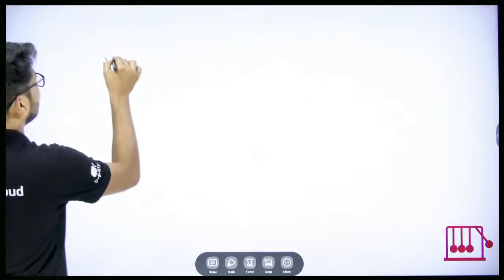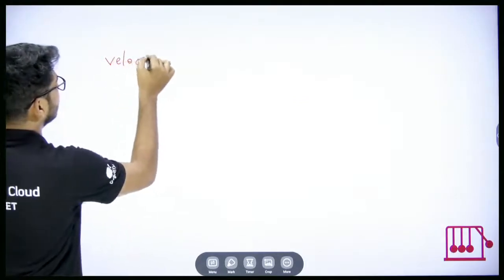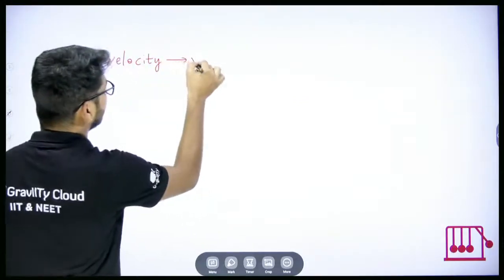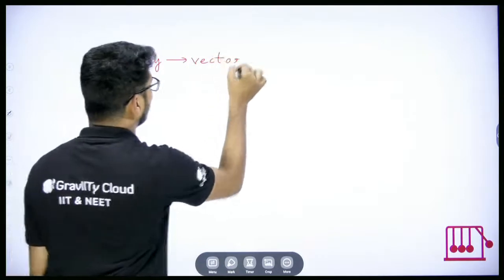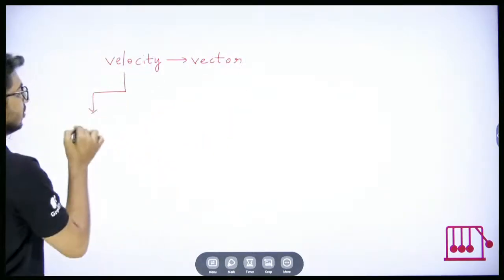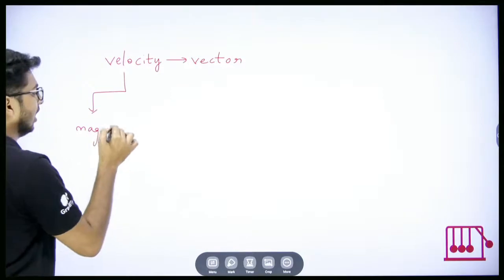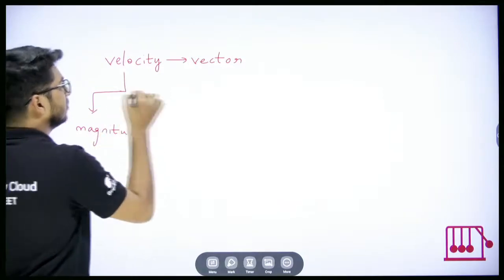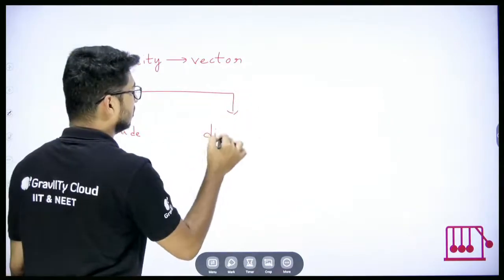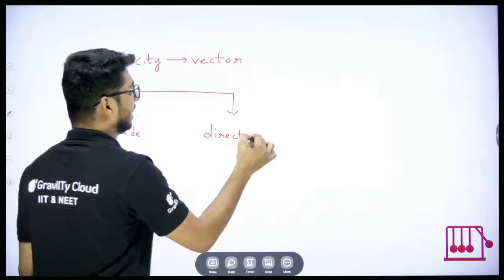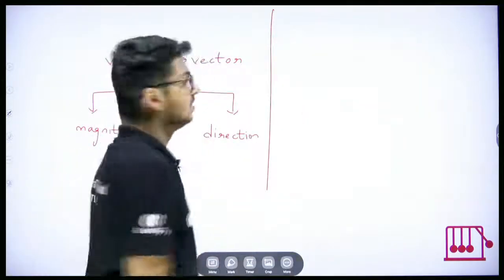Why? Because we know velocity is a vector quantity. What does that mean? That means that velocity has both magnitude and direction. Right? And what is acceleration defined as?